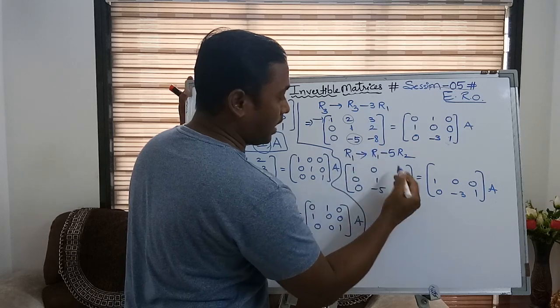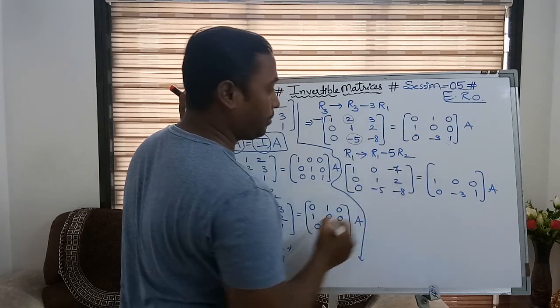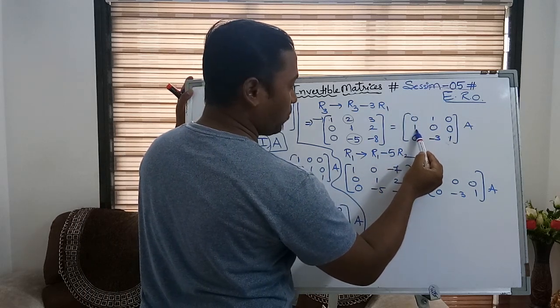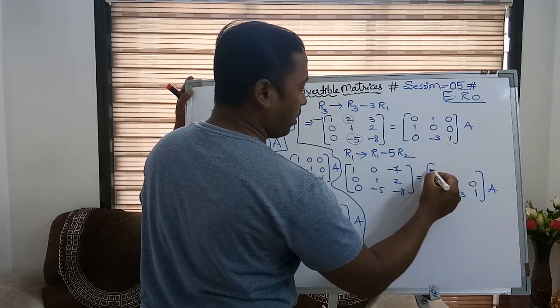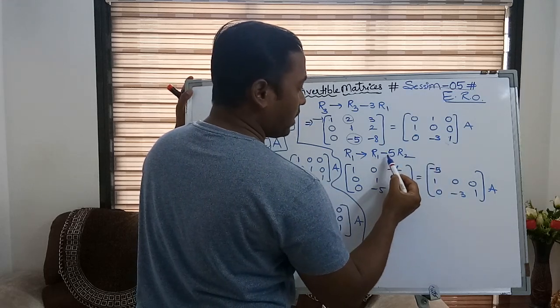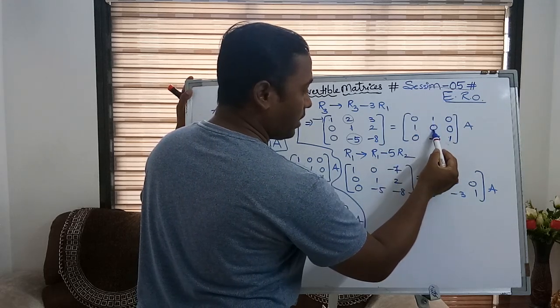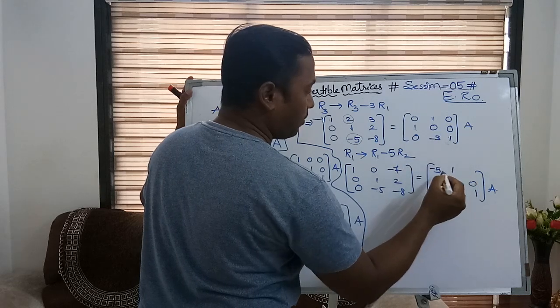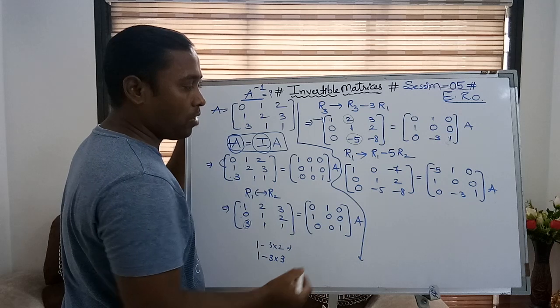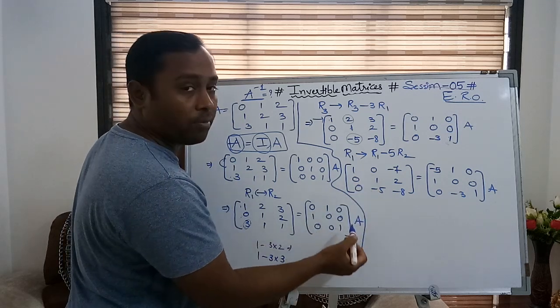So 3 minus 10 is minus 7, right? In a similar manner, 0 minus 5 times 1 is minus 5. 1 minus 5 times 0 is 1. 0 minus 0, here again 0. So now you can see, we wanted 0 and got 1.